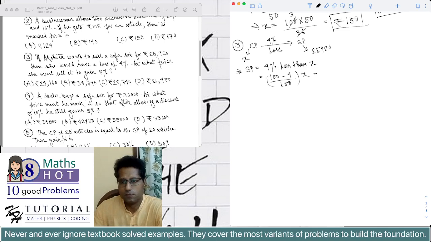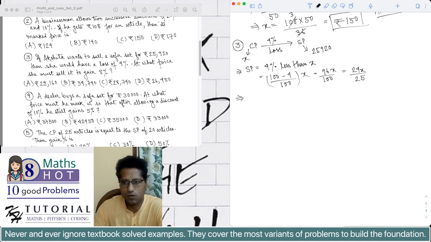This is equal to 96 by 100 multiplied by X, and this is equal to 24x by 25. Okay, this is the selling price in terms of X, where X we have assumed to be the cost price.